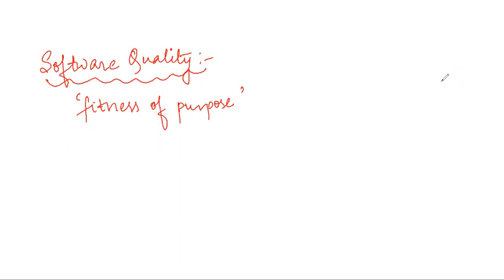But with the advancement of our engineering principles, it is seen that even if the functionality of a product is okay, I cannot mark it as good quality software unless other factors are also met. The user interface should be very nice, and the code section should be very maintainable.